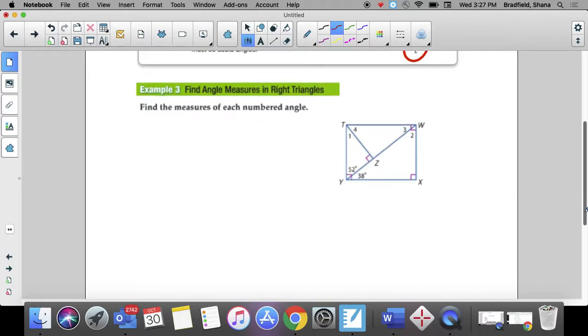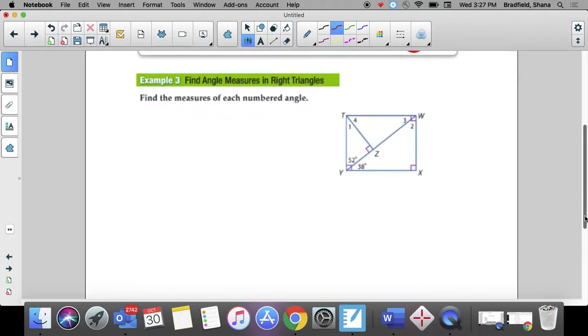All right, in example 3, we're going to find some more missing angles. We have angle 1, 2, 3, and 4. So the easiest one to start with, I think, would be angle 1 because it's part of triangle TZY. The measure of angle 1 plus 90 plus 52 is equal to 180.